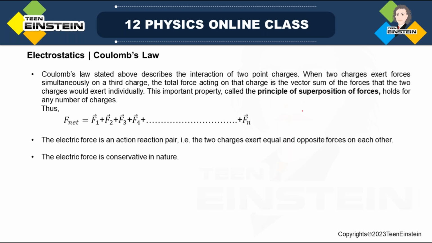Suppose I have q1 charge here, then q2 here, q3 here, or maybe q4 somewhere here, etc. I have to find the force on q1 due to all other charges.